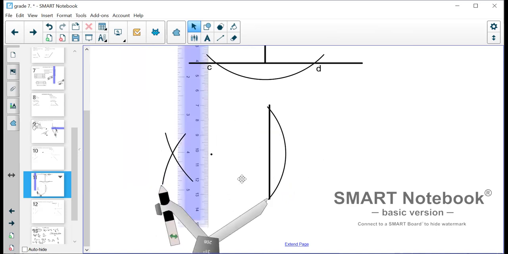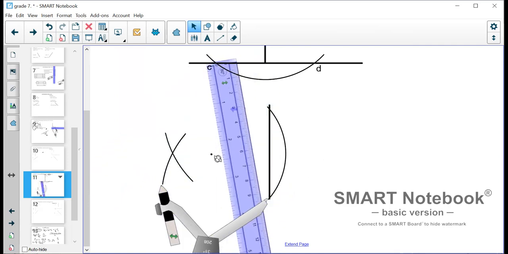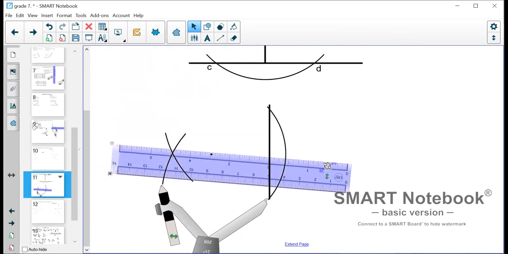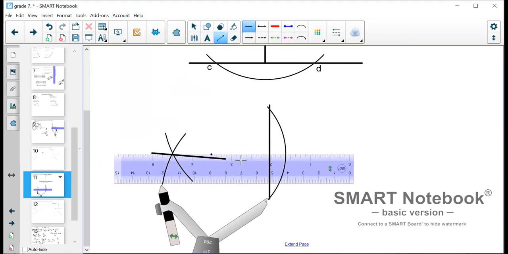All right, now from there, you take your ruler and you draw a line to pass through the intersection as well as the point. All right, and then that would give you your perpendicular line.